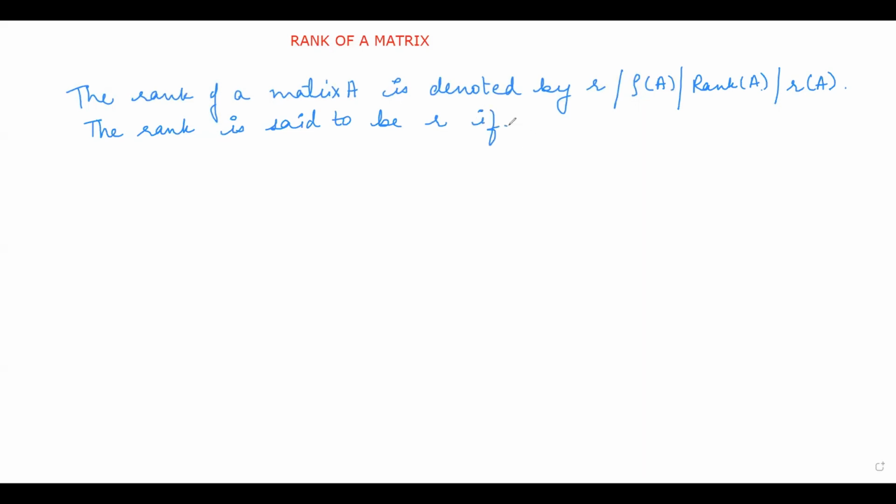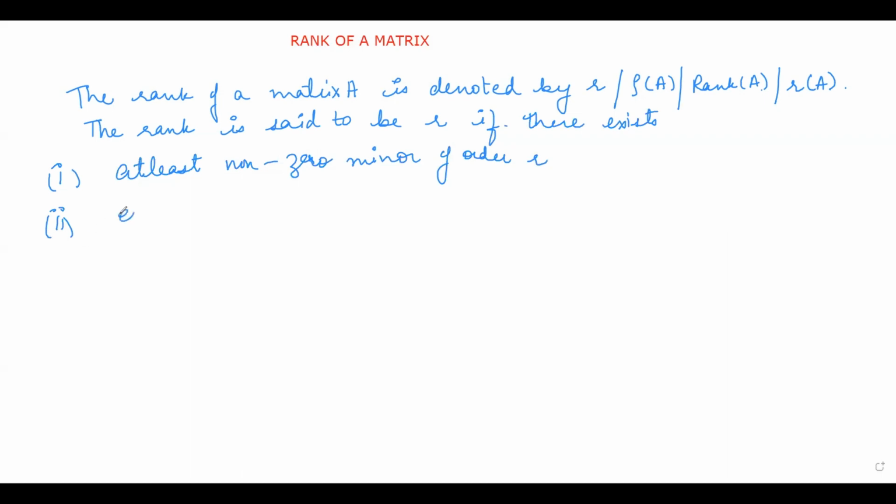So let us consider that there exists, first point, at least one non-zero minor of order R. Second, every minor of order greater than R must be 0.